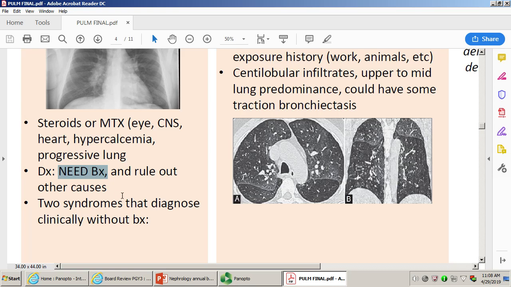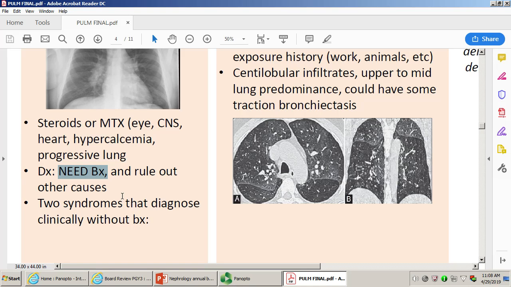Tissue is the issue. What are the few exceptions where you do not need to biopsy somebody and you can say, this is sarcoid? Lofgren's, which is what? Erythema nodosum, hilar lymphadenopathy, ankle arthritis. And then what's the other one?